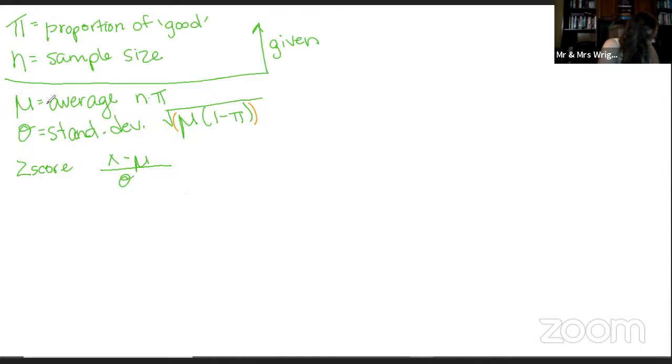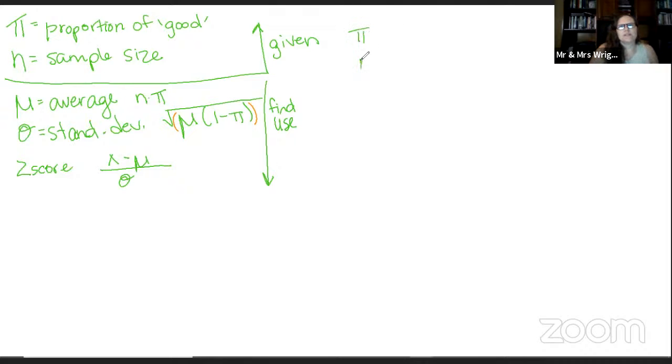Let me make sure I got that right. Yep. All right, and so this is what you use to find your answer, but you need to find it. Okay, so there's sometimes a rare case that you're going to be given this average, but usually they give you the proportion of good. Okay, so we actually have both of these in our problem.